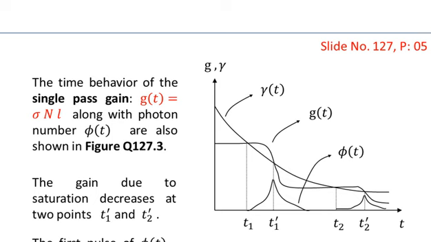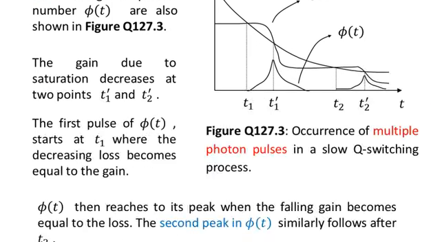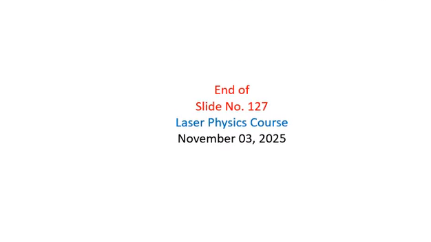Usually it is aimed to obtain at least one pulse. If the Q switching process is slow, then multiple pulses can be obtained, but the first pulse will be the highest in peak. So this is the end of slide number 127.